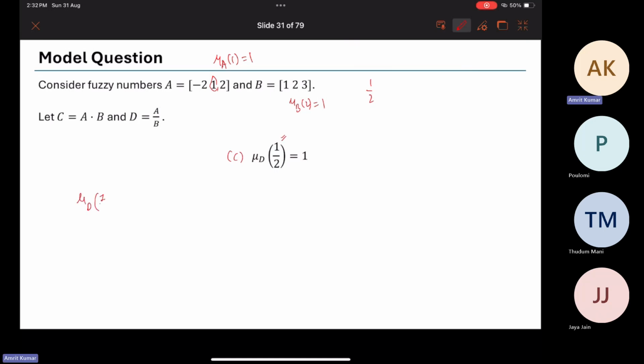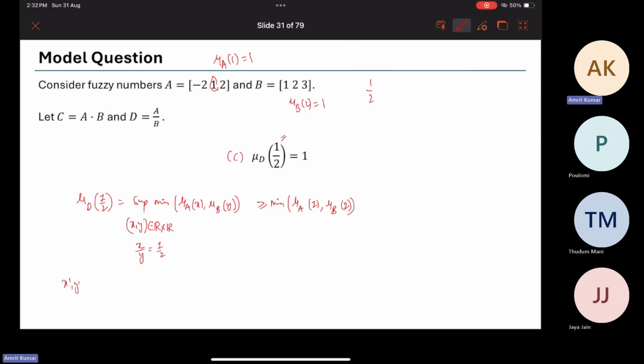So the membership of half in D, which is this particular supremum, is greater than or equal to, right?